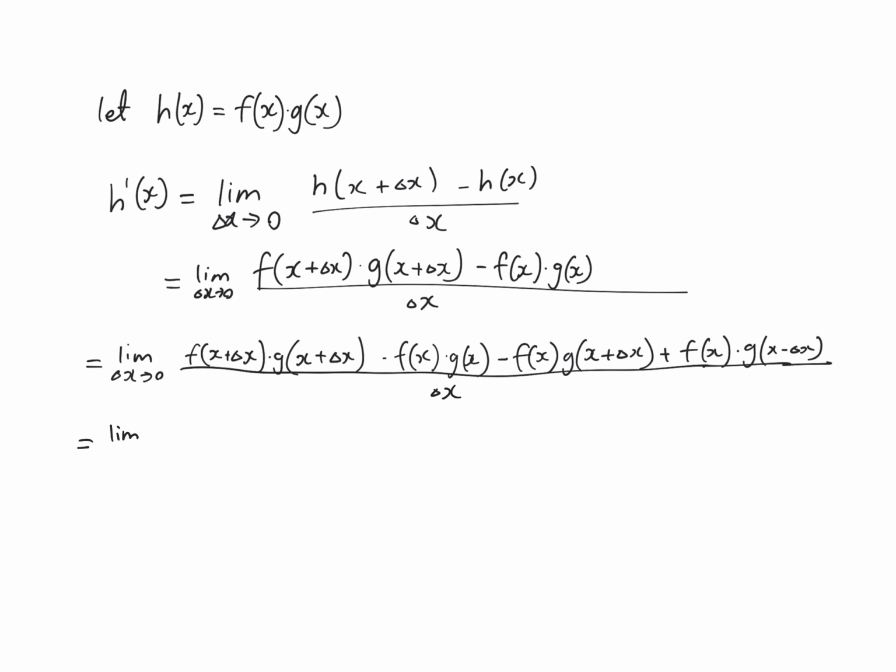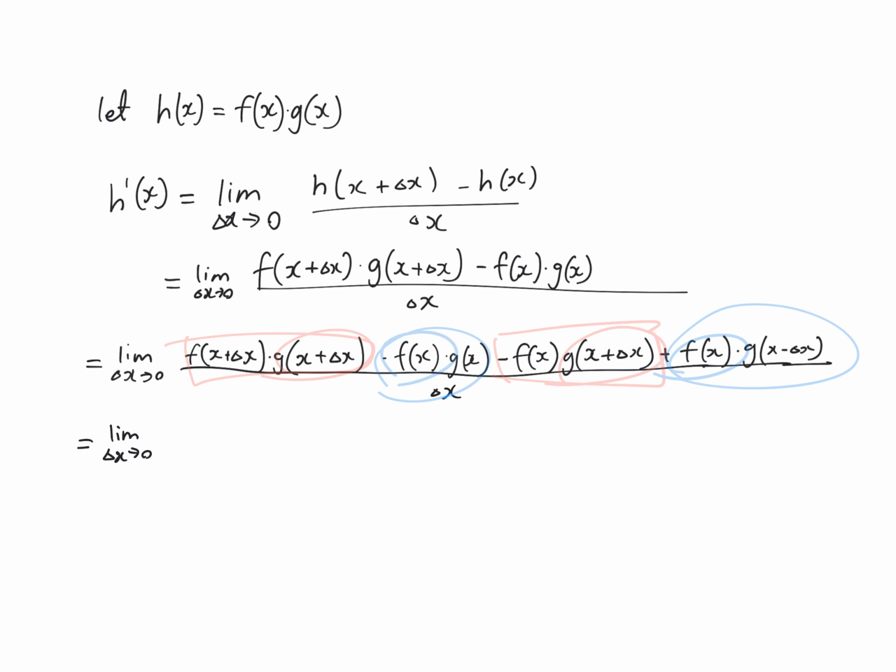And now some grouping. If we group everything by g of x plus delta x, we group this with this, and the other grouping is this.